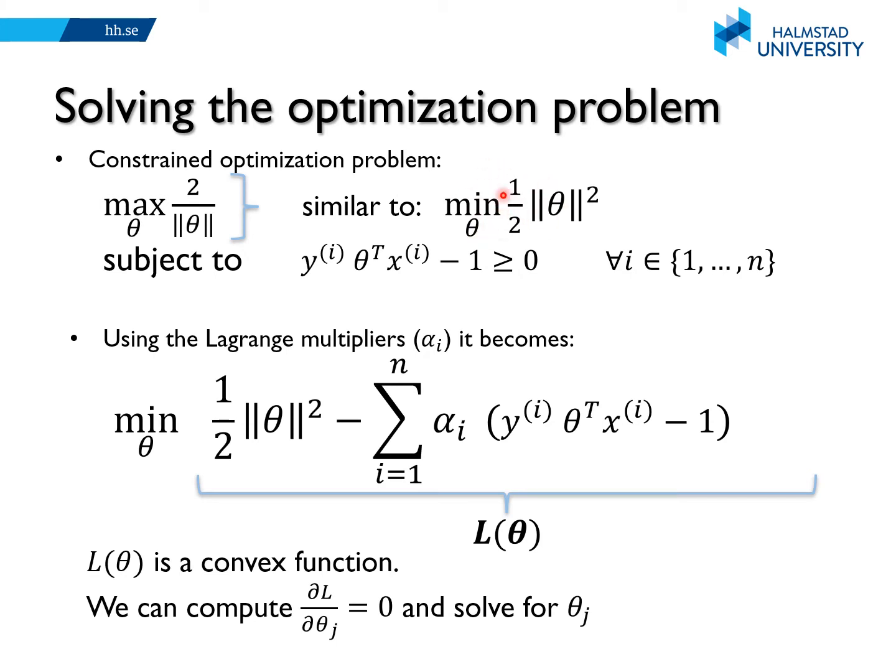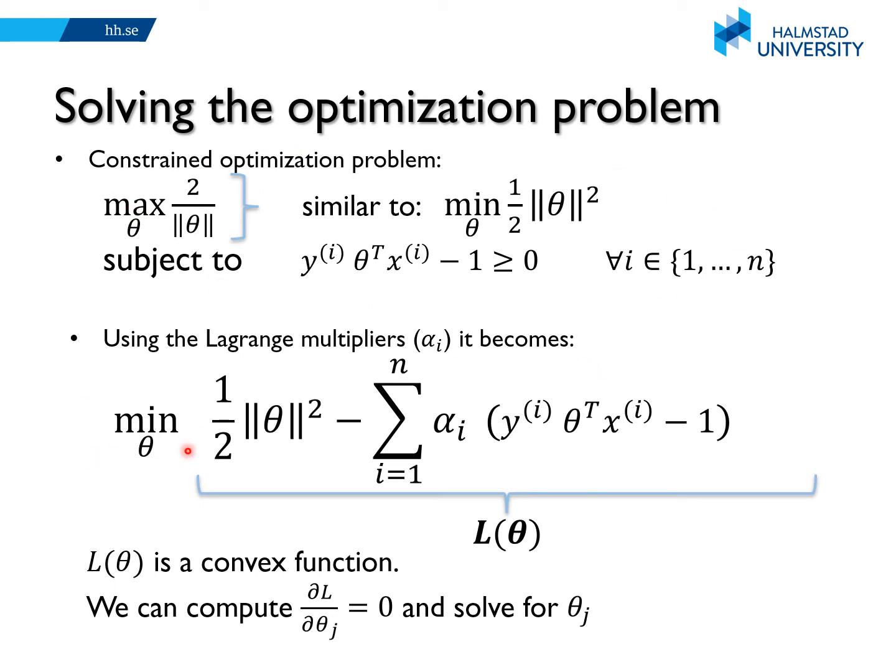So this is just for mathematical convenience later on when we compute the derivative of the function. So instead of maximizing 2 over the norm of theta, we can minimize 1 over 2 times the norm of theta squared, subject to our previous constraints. We have n constraints.